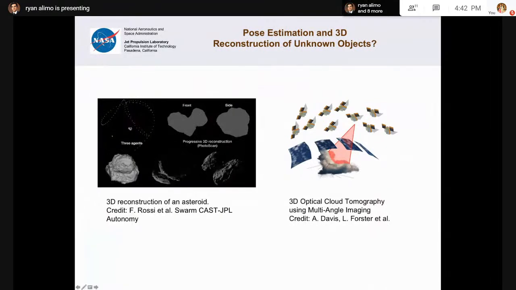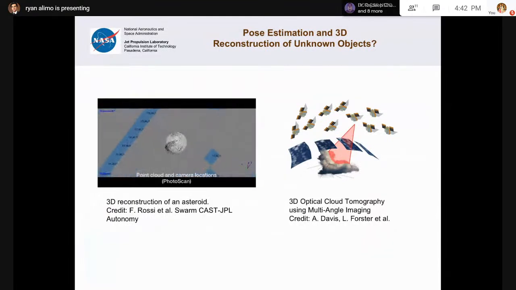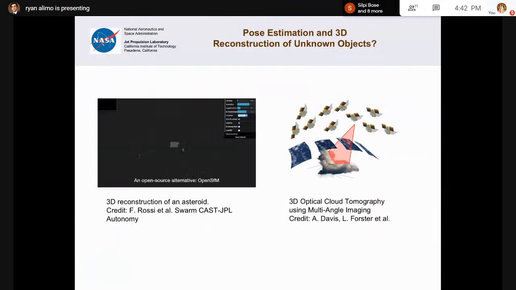Or if you have a swarm of multiple agents around an asteroid that is an unknown object, and it can have a random shape, again, using multiple views for this and seeing one object is going to be helpful, and also reconstructing that is another area that is really important, and we need to investigate more, and we are working on that.